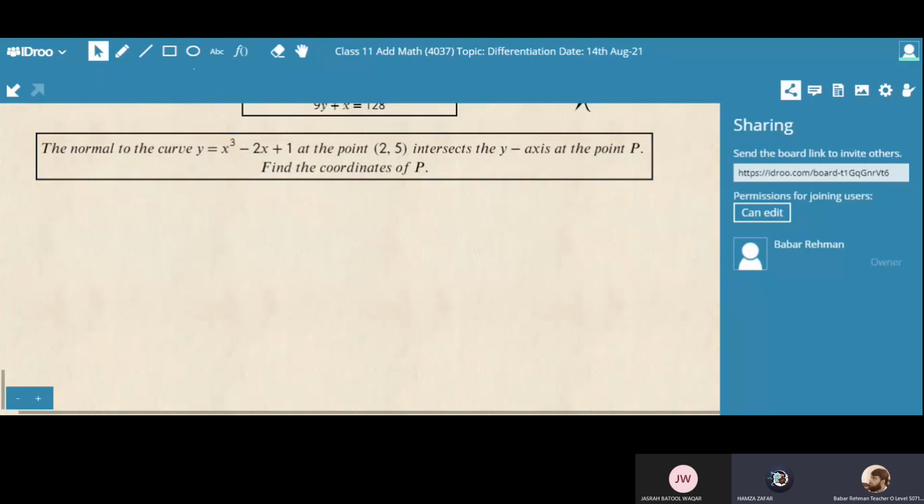First we will differentiate the equation, then we input x equals 2 to find the gradient, and then after that we find the coordinates of P. Okay, start doing this question now. Reach till the gradient, find the gradient, find the value of y. Reach till there, then we will start. Hope Jalsa, you also understood this. Yes, sir.